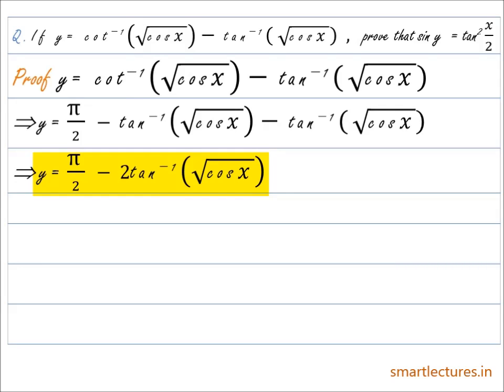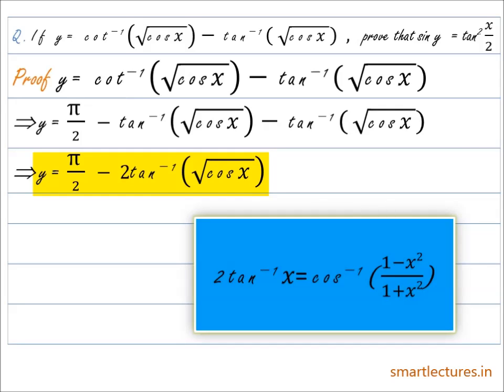And you have already learnt that 2 tan inverse x is equal to cos inverse 1 minus x square upon 1 plus x square.